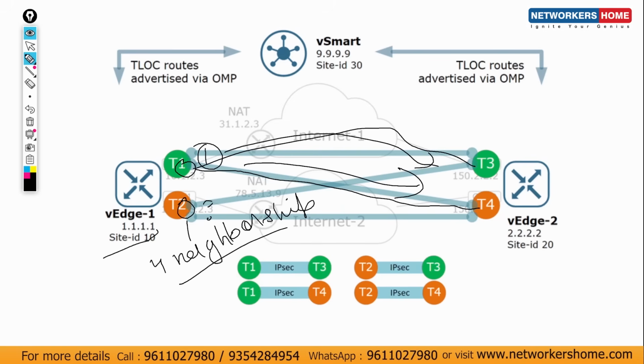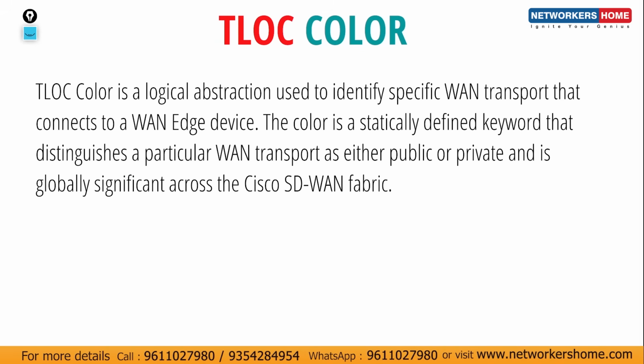So 4 neighborships are going to be formed, or if you want to call it IPsec or GRE tunnels, basically 4 overlays are going to be created over this. So that is a default behavior. But as we discussed, if you have another device here which is also part of site 20, it will not form any kind of TLOC tunnel with this device. That's a normal behavior.